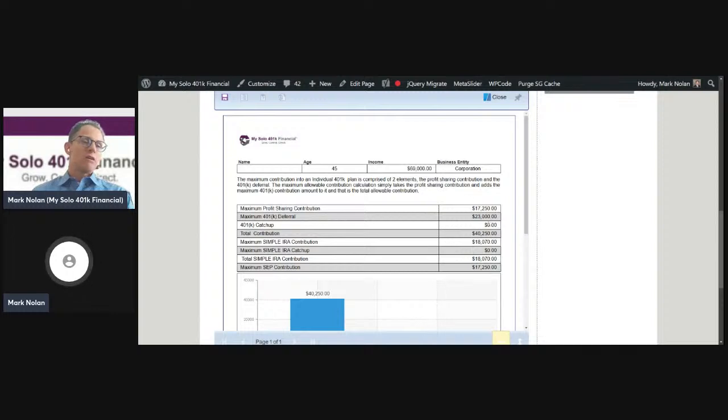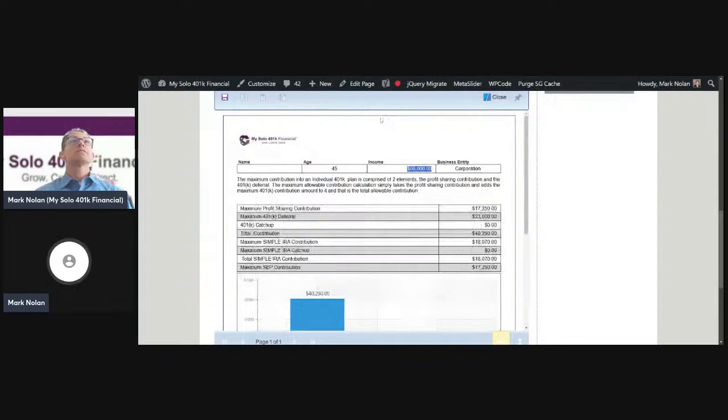It doesn't take into account voluntary after-tax. So it takes a little bit of knowledge. So $69,000, you could contribute the entire $69,000 as a voluntary after-tax solo 401k contribution for tax year 2024, and then convert it over to the Roth solo 401k plan.